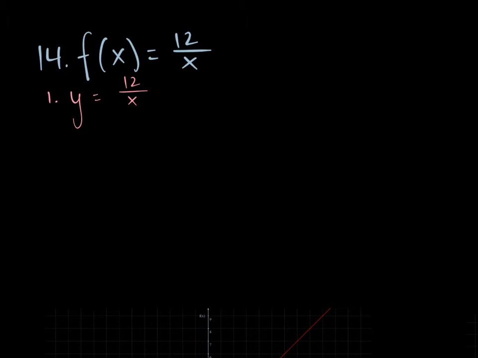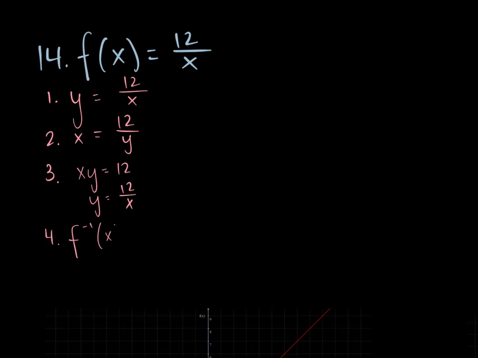Step 2 is to then interchange the x's and y's. And step 3 is to solve for y. So we end up with x times y equals 12, y equals 12 over x. And finally, step 4 is to replace y with f inverse. Okay, so the inverse of our function 14 is just the inverse.